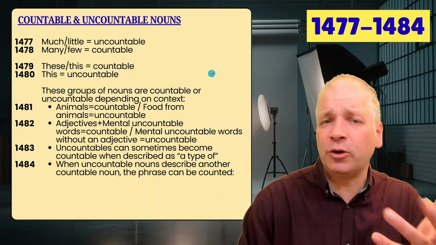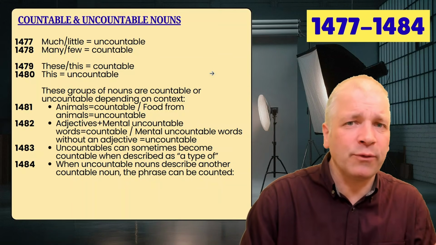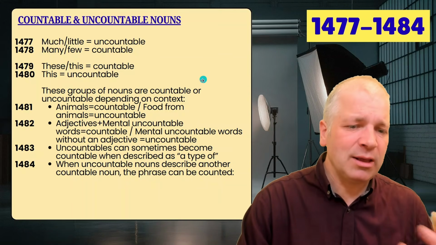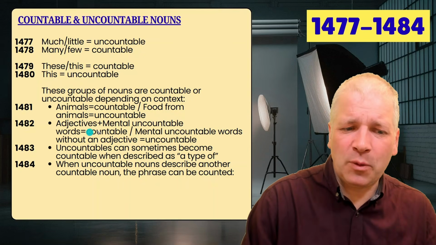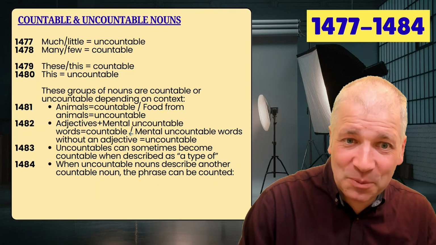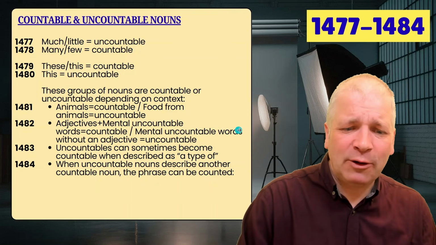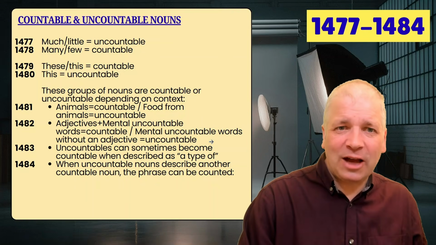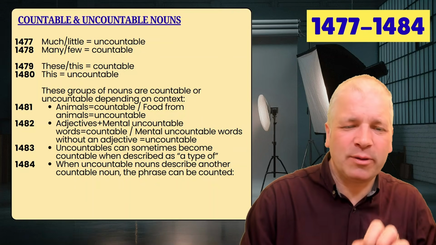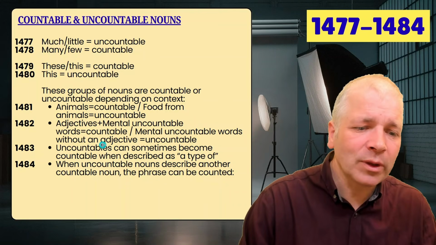So you can have 1, 2, 3 chickens if they are on a farm, but if you're eating chicken, it's uncountable. Adjectives with mental uncountable words become countable, but mental uncountable words without an adjective remain uncountable. So the adjective actually changes the mental uncountable words, so you can now count them.